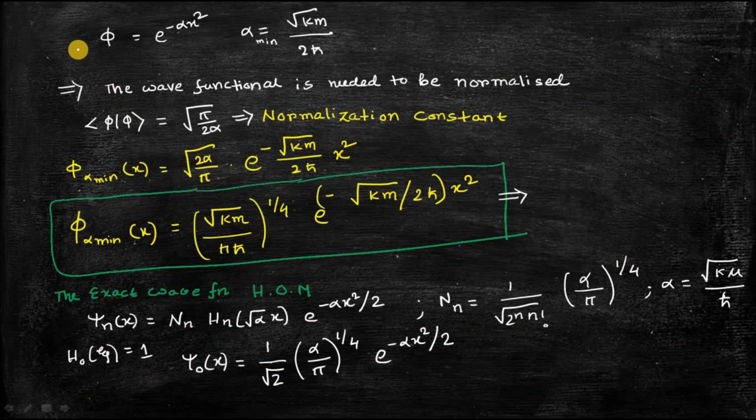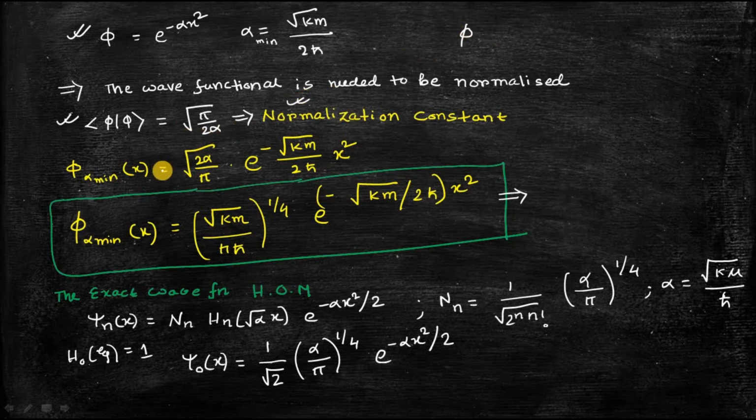Similarly, this is the trial wave function. As you know, the value of alpha is equal to root over of k into m by 2 h cross, that is the value for which the wave function has the minimum energy. Another thing is that this normalization integral is equal to root over of pi by 2 alpha. Because the trial wave function we have chosen is not normalized, we have to multiply it with a normalization constant to make it normalizable.